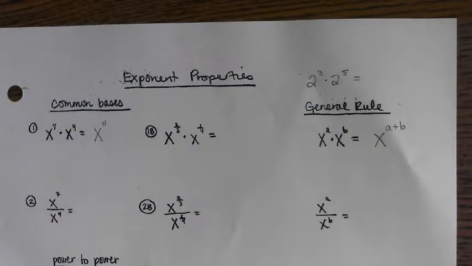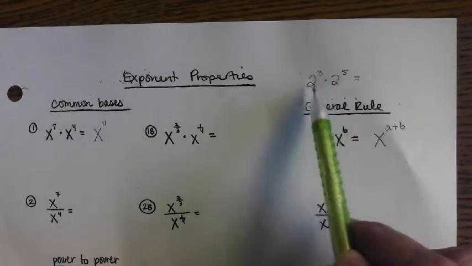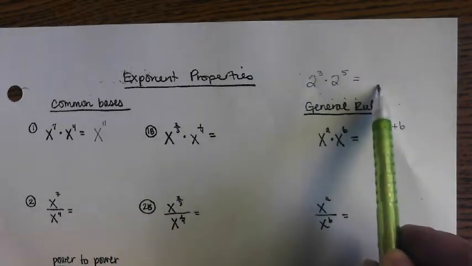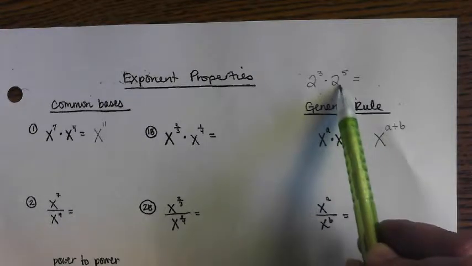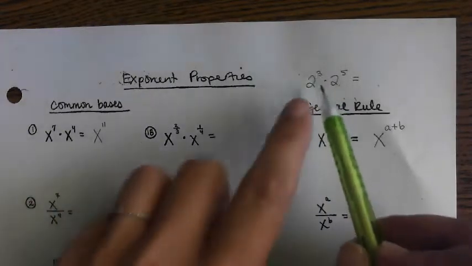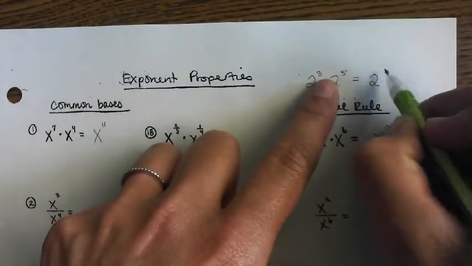I can't stress enough to keep the same base because I see people in a case like this tell me that that's 4 to the 8th power, and it's not, right? You don't also multiply the bases. As far as PEMDAS is concerned, you're applying exponents first. So the rule here is just keep the same base of 2 and then add your exponents.